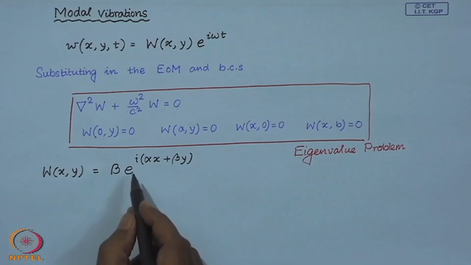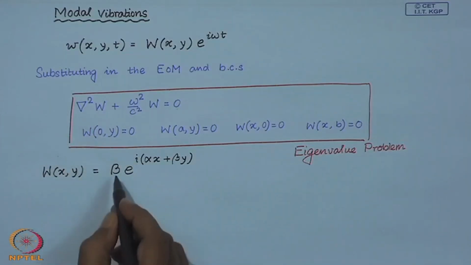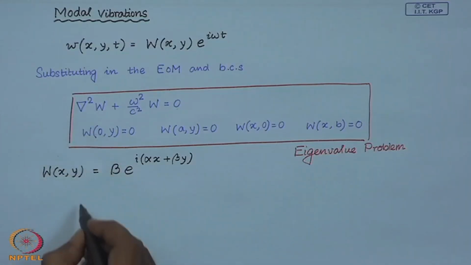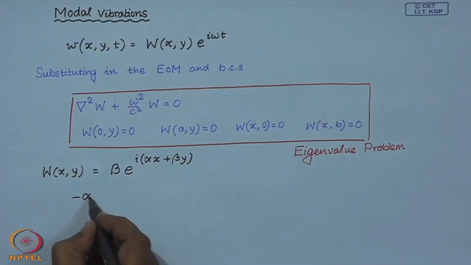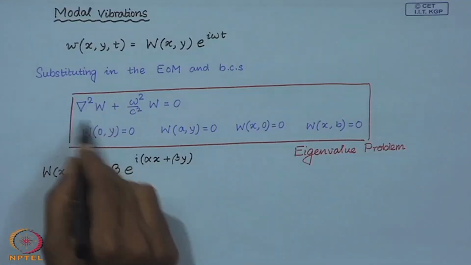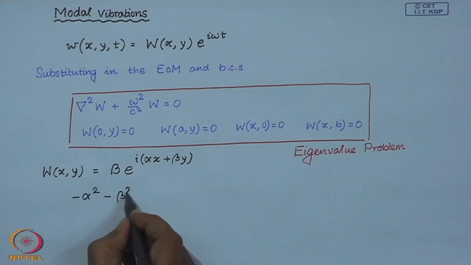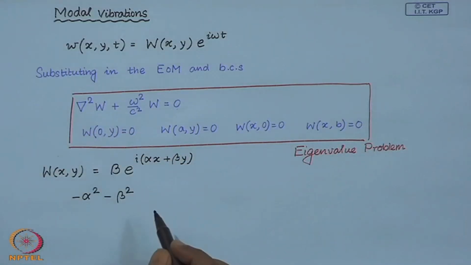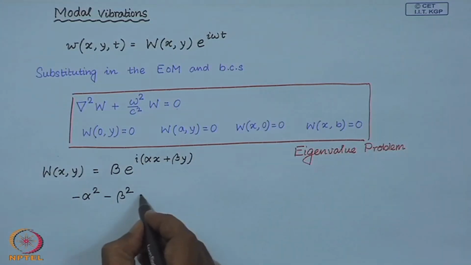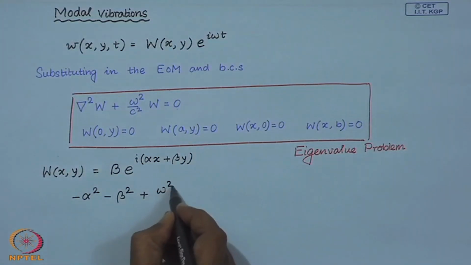So, if you substitute this solution form in here, since we have double derivative with respect to x, that gives us minus alpha square, minus beta square from the double derivative with respect to y, plus the eigenvalue term.